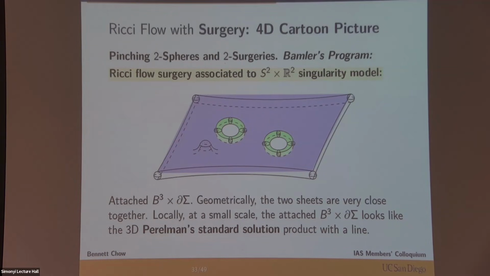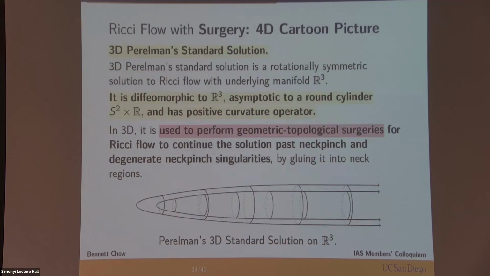In the case where sigma is just a two ball, this would be just a standard two surgery. And then what I described earlier with S3 mod gamma, with gamma equal to 1, that would have been a standard three surgery. But now the idea is Ricci flow is adding additional surgeries to this picture.